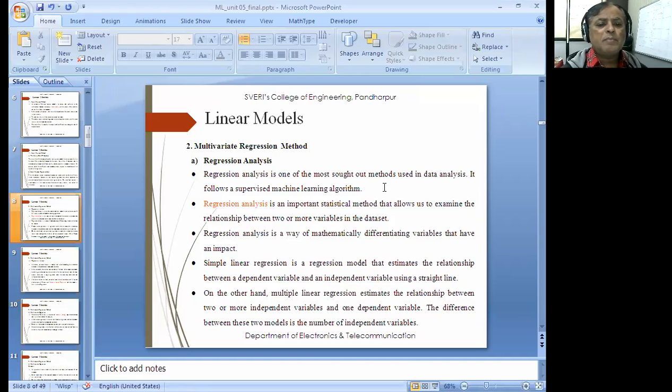On the other hand, multiple linear regression estimates the relationship between two or more independent variables.